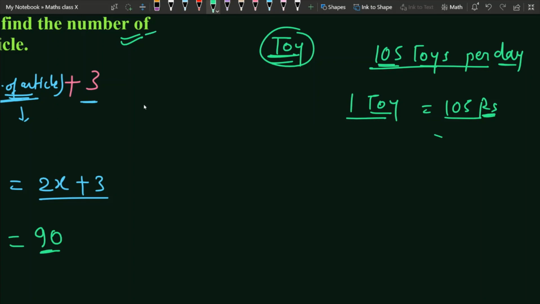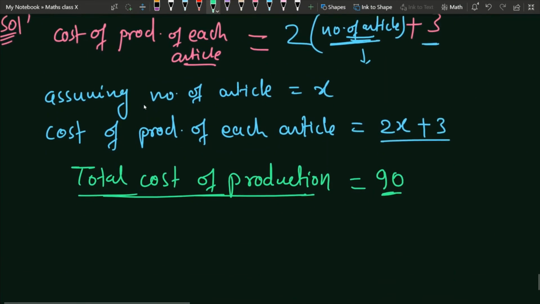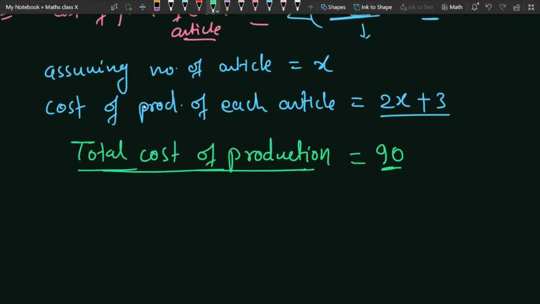Likewise, in this question, how will you calculate the total cost of production? The total cost of production is the total cost of those articles. Assuming the number of articles is x and the cost of each article is 2x plus 3.